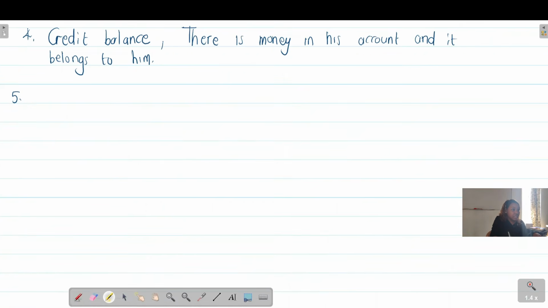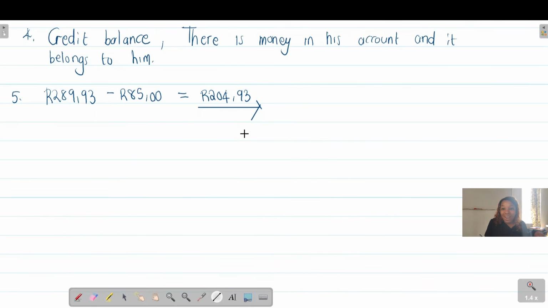Let's just do that. So it's 289.93 minus 85 Rand, to give us 204.93. That means that Mr. Solly Sibuko spent 204 Rand and 93 cents in the month of June on airtime, right?